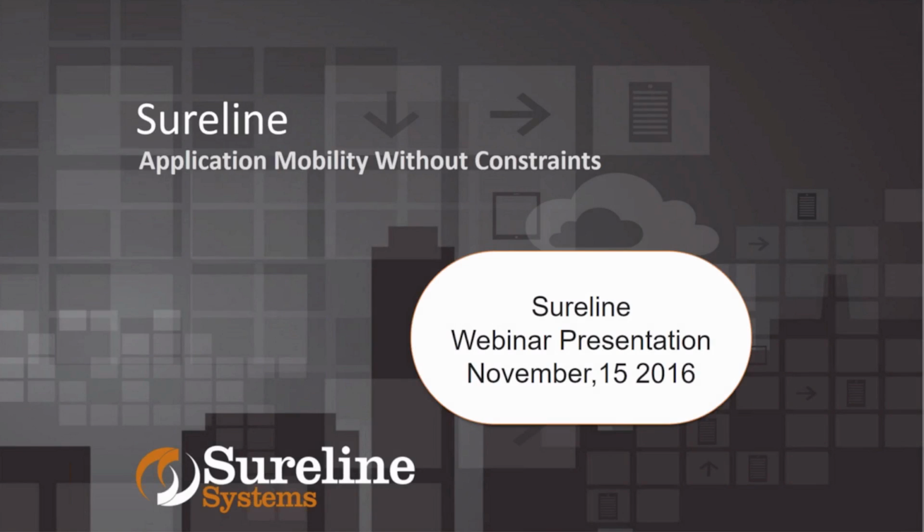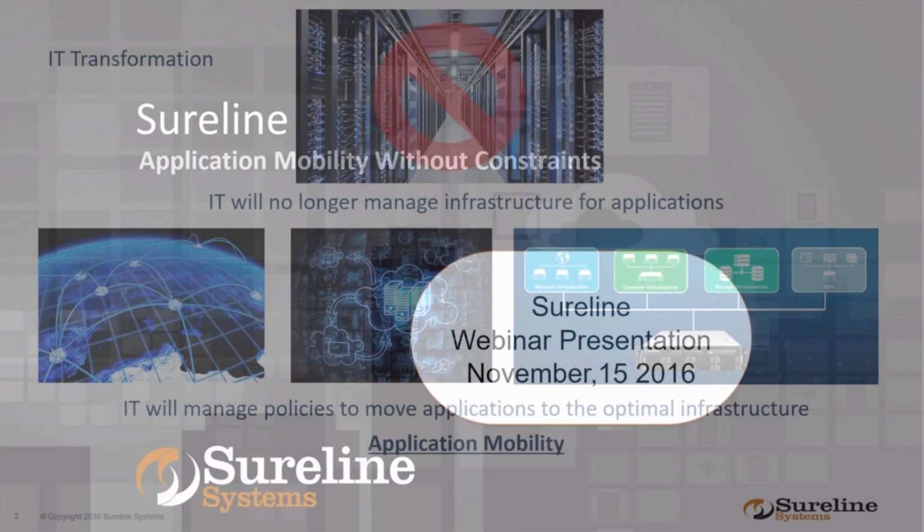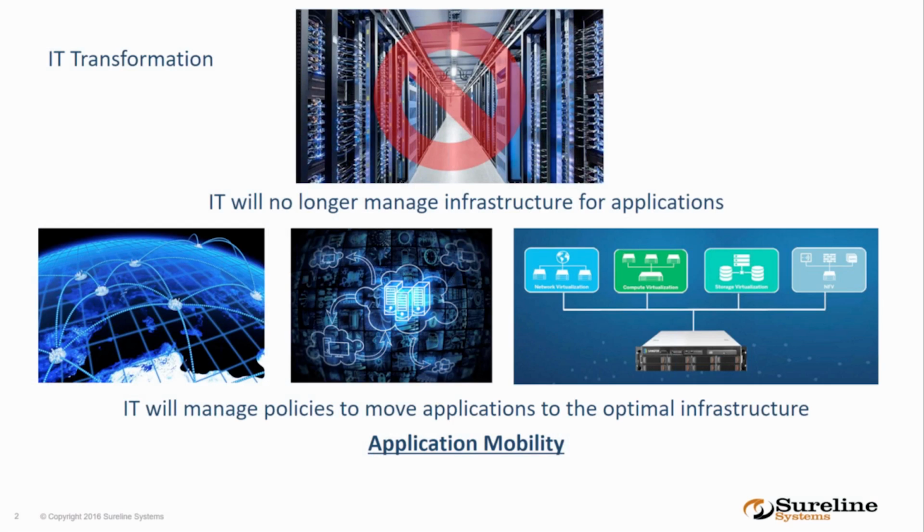So I'm going to give you a little bit of background on Shoreline Systems and then talk about DR and how we address some of those issues that Jeff brought up earlier and how we work with the Google Cloud as a DR target. But taking it to a high level to start with, I think we're going through an enormous transformation within IT, and in the long run, I think IT will no longer manage infrastructure for applications, but will manage the policies to put the applications on the optimal infrastructure, which could be on premises, it could be in a cloud, it could be a hybrid.